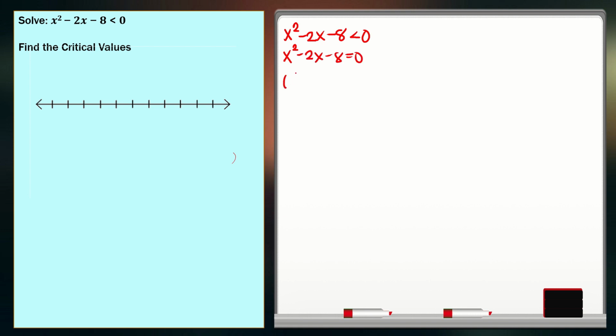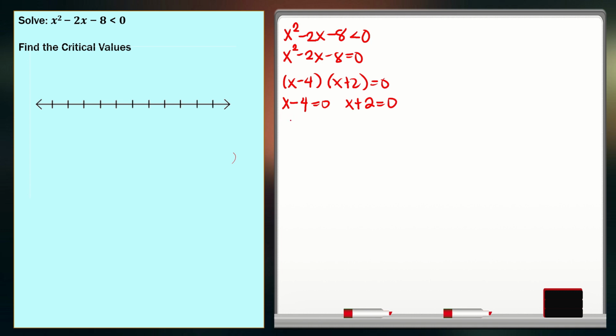Then we factor this quadratic equation, that is x minus 4 multiplied to x plus 2 is equal to 0. Then we apply the zero product property. We're going to set each factor equal to 0. So we have x minus 4 is equal to 0 and x plus 2 is equal to 0.